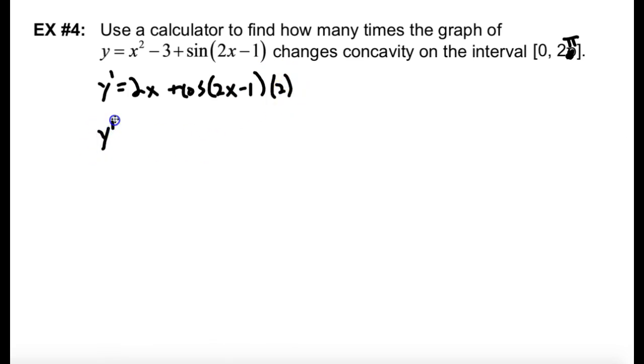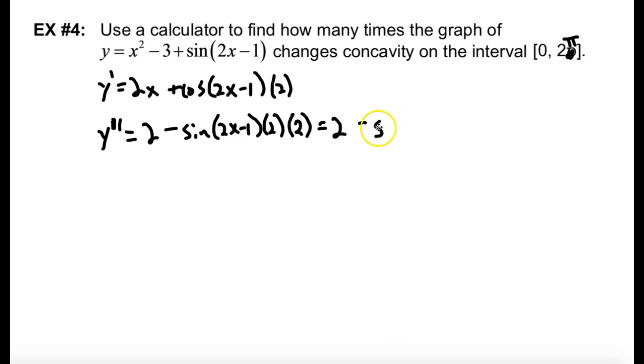Now my second derivative, derivative of 2x is 2, derivative of cosine is negative sine of 2x minus 1 times 2, then times the derivative of the inside. So I'll actually have another factor of 2 here. So I can write this a little bit nicer and say 2 minus, if I bring the 4 out front, so 2 times 2 is 4 times the sine of 2x minus 1.